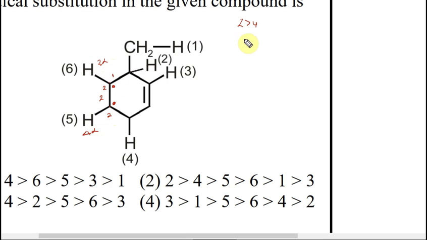So 5 is better than 6. 2 greater than 4 greater than 5 greater than 6. Now between 1 and 3, let's see whether it justifies. If you take 1, there is 1 alpha hydrogen and the hybridization is sp3, whereas here there is a double bond, which is sp2, so obviously 3 is the last one, so 2 is the best option.